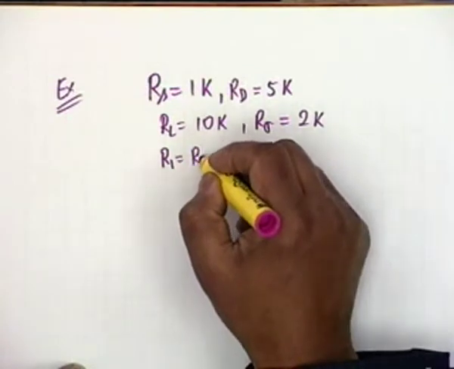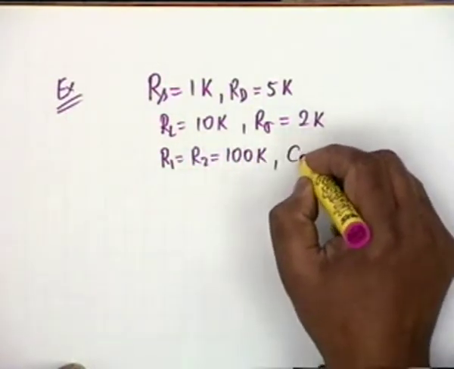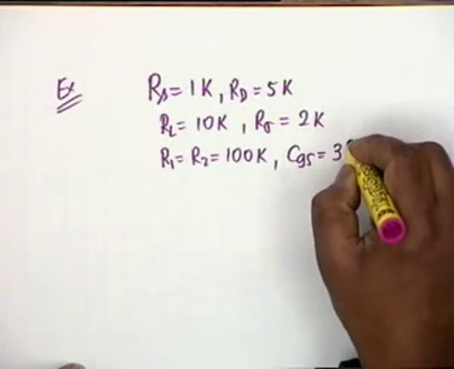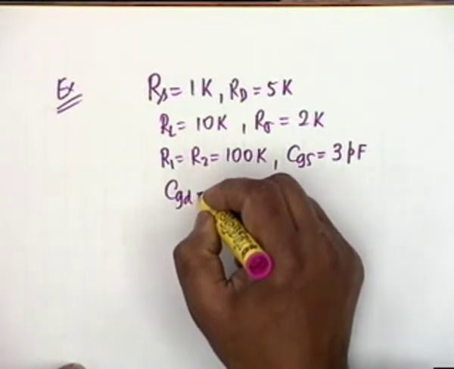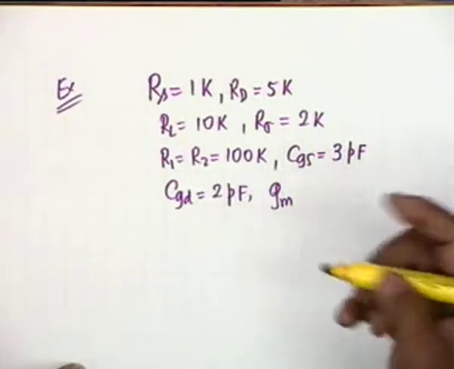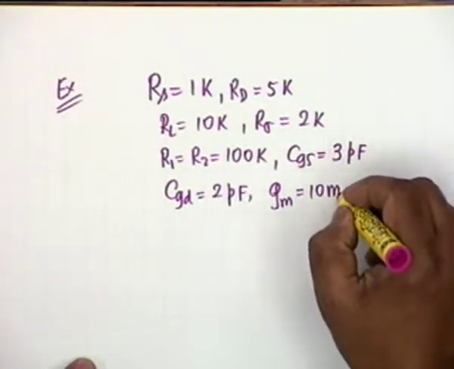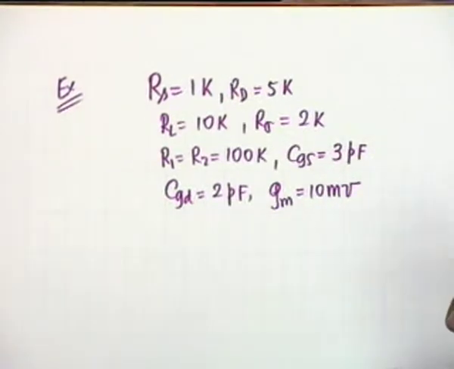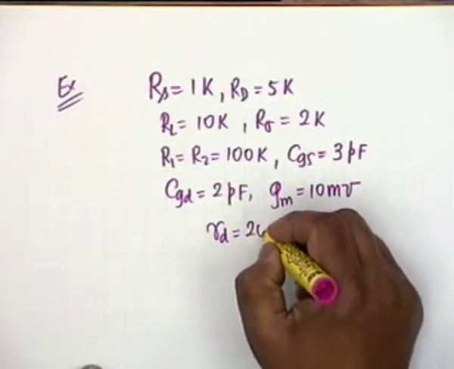R1 and R2 both are 100K. CGS is 3 pF, CGD is 2 pF, GM calculated from I sub D is 10 millimho, typical value, and R sub D is 20K.